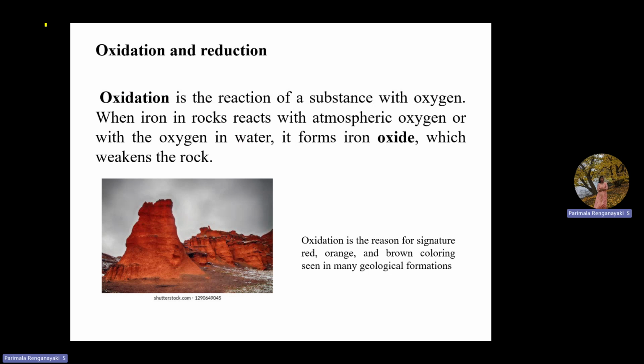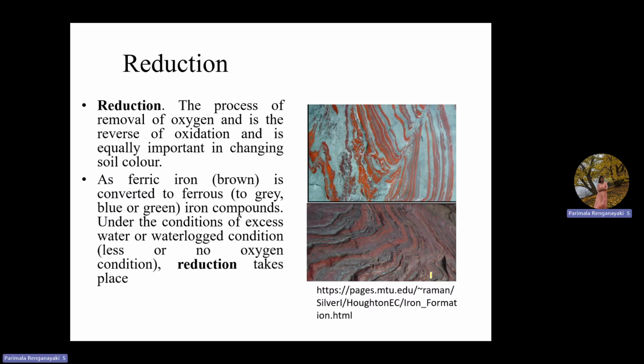So now, if there is any color change, orange color, you will be able to tell that the reaction between the oxygen in the atmosphere and the rock changed this color. So brown coloring is seen in many geological formations. Now, oxygen reduction. Just the opposite.